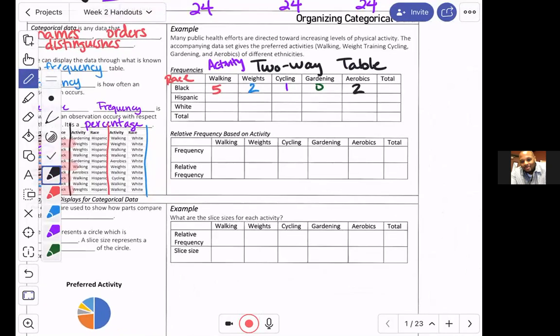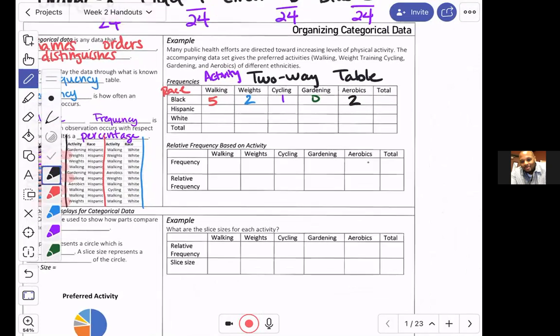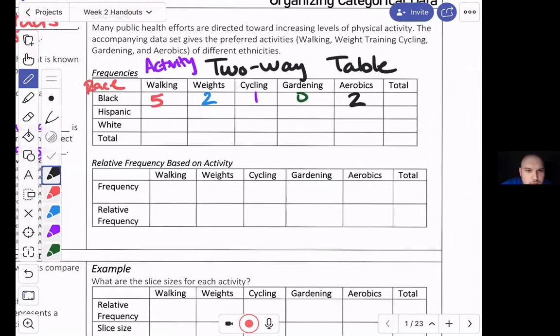And so when I write all those out right there, I'm giving you frequencies. That total column should be the total number of blacks that I have in the sample, right? And how many do I have total there? When I look at that, 5, 2, 1, and 2, that adds up to 10.